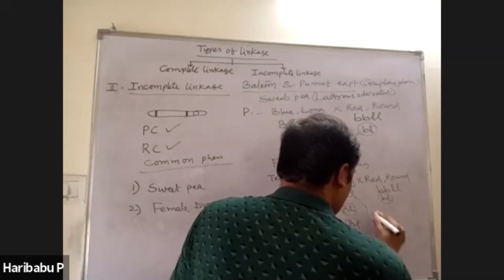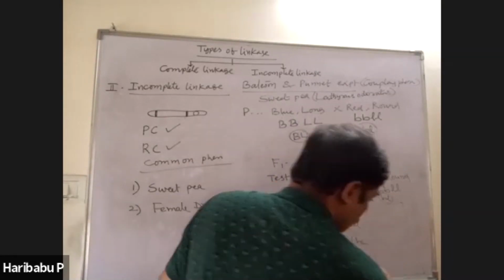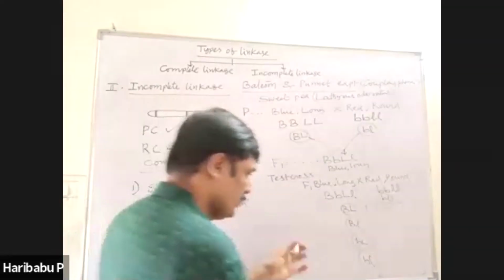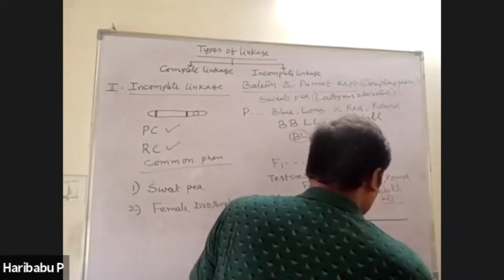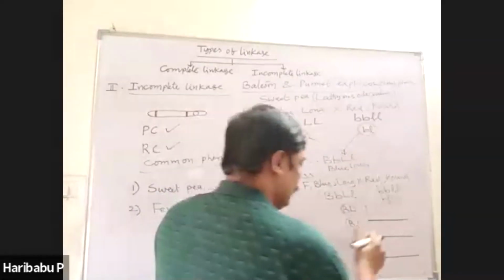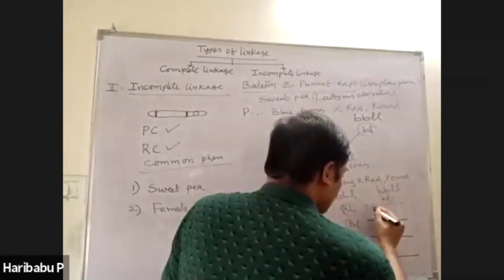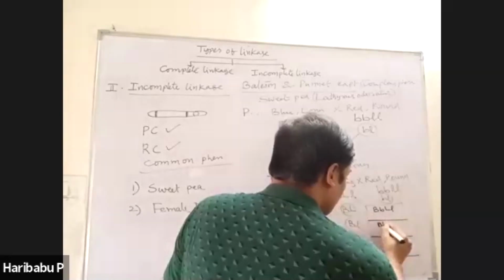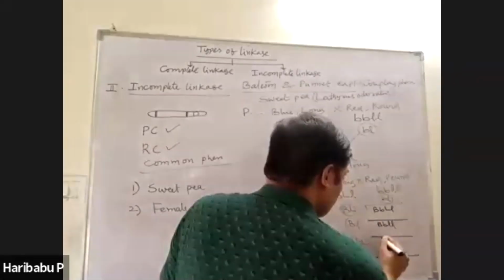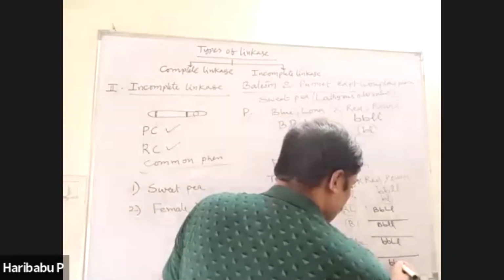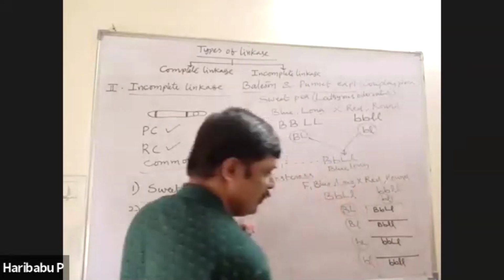Now, when test crossed, what result is obtained? See this. Like this. Capital B, small b, capital L, small l. Capital B, small b, small l, small l. Small b, small b, capital L, small l. Small b, small b, small l, small l.